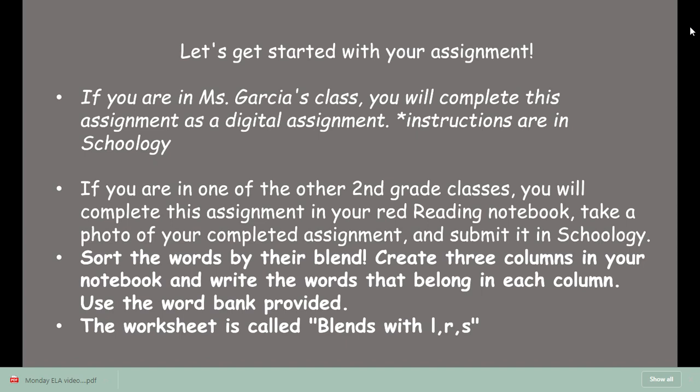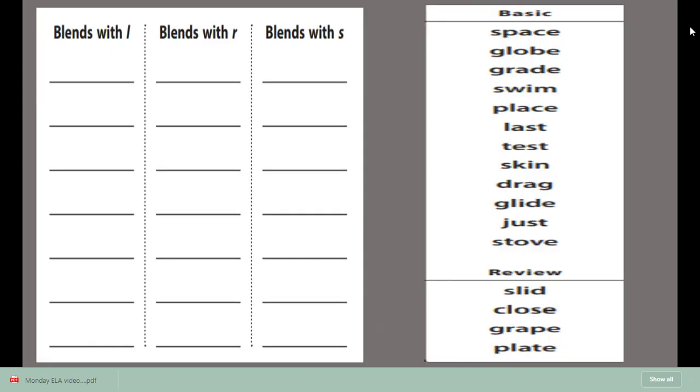You are going to create 3 columns in your notebook, and you should be really good at columns after working so hard with arrays last week in math. And then you will write the words that belong in each column. And there is a word bank on the worksheet that's provided. The worksheet is called Blends with LRS, and this will be provided to you by your teacher in Schoology as a PDF copy. This is what it will look like.